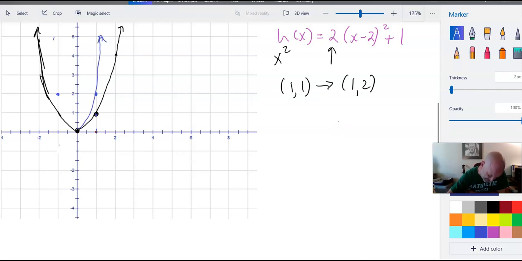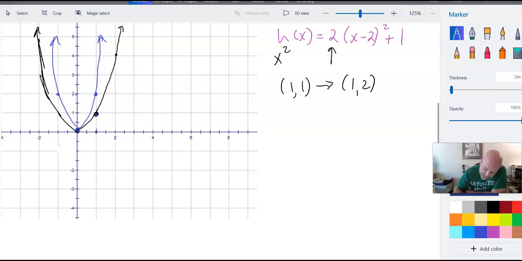So we're getting this shape now. Okay, so it's narrower. And we know that wherever the origin goes, if I go up 2 and over 1, there's another point. And that's going to be true even when we shift it. So now we know the shape we're looking for. Are there any reflections? Well, the 2 is not negative, and there's no negative in front of the x. So we're good as far as reflections go.